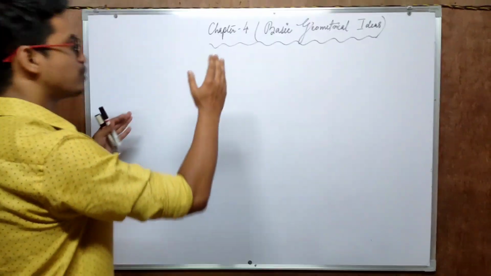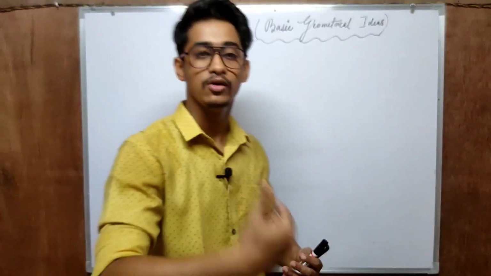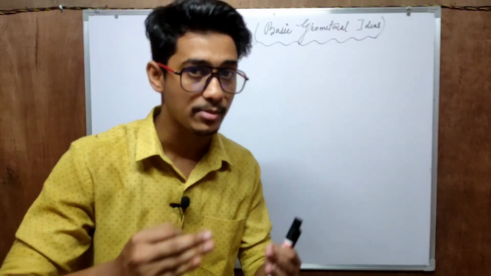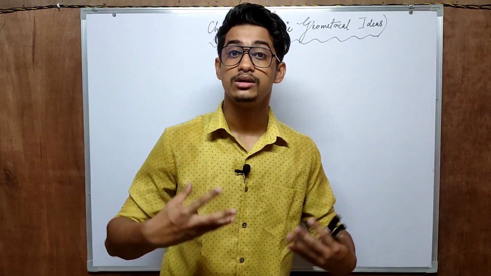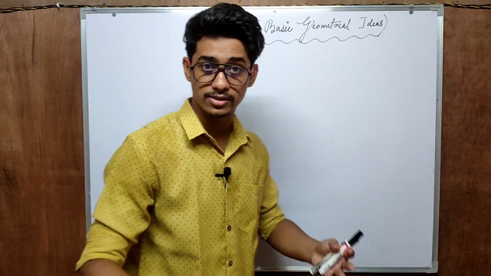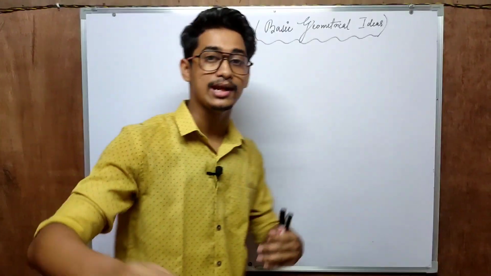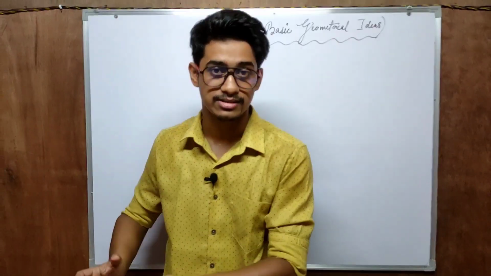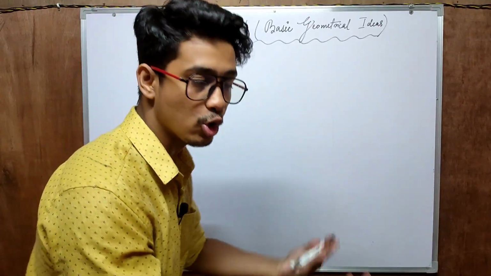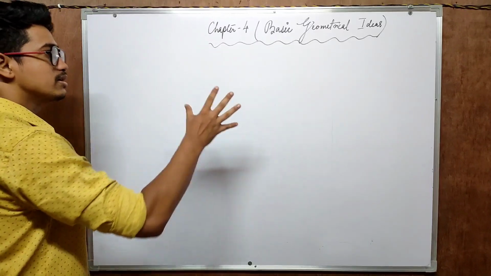Focusing on this particular chapter, we will be talking about only two-dimensional geometrical figures. So what does that mean? It means figures that we can draw on a particular surface.